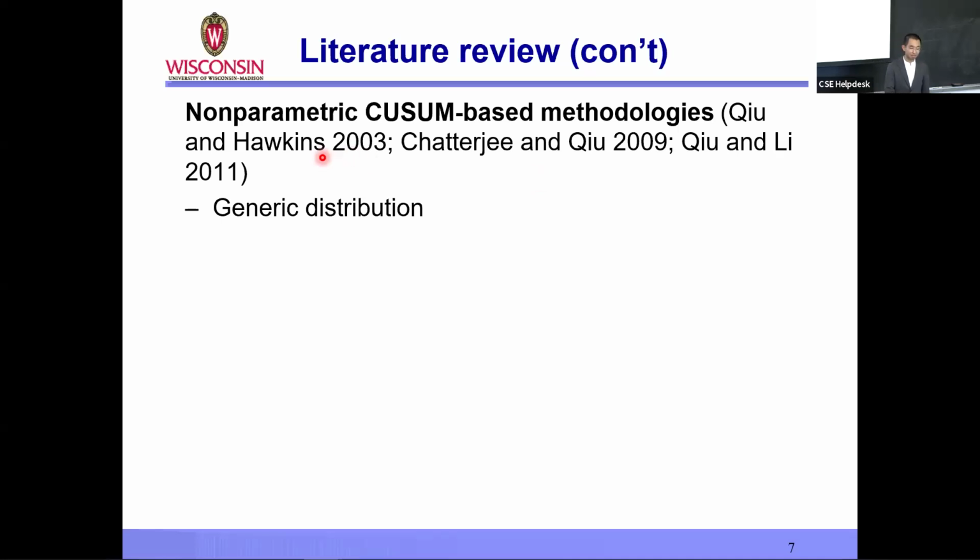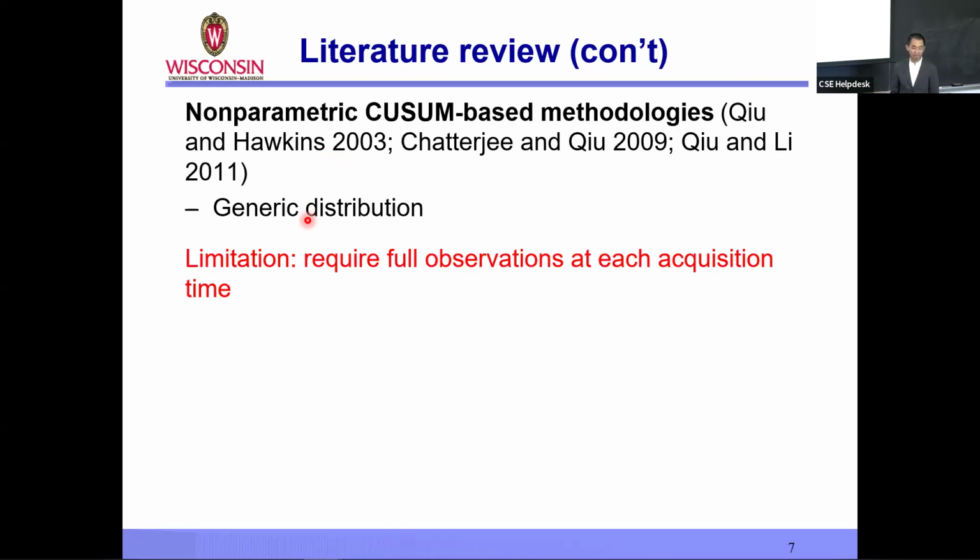Their methods were designed to handle generic distributions, making them more flexible than traditional parametric approaches. But the central problem is that they require full observations at each acquisition time, which is not applicable for our scenario where we only have partial observations.